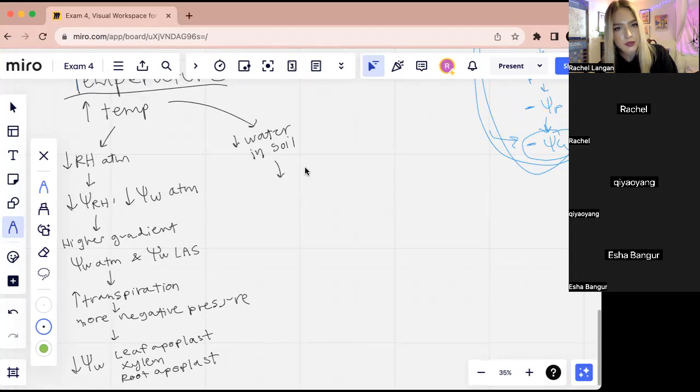If there is decreased water in soil, you should imagine something like this: very low levels of water, smaller radius of menisci.